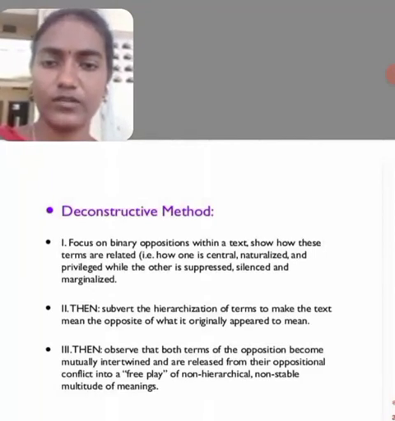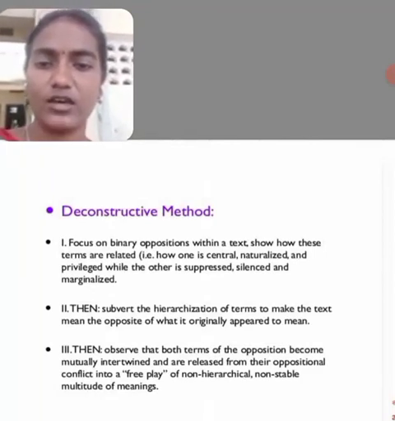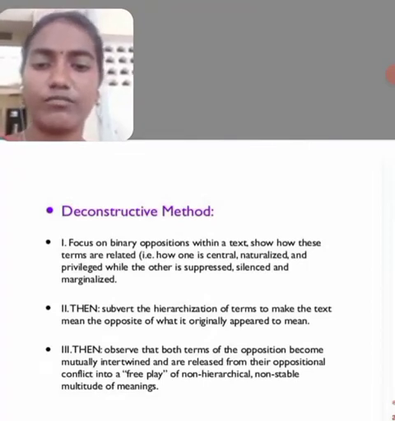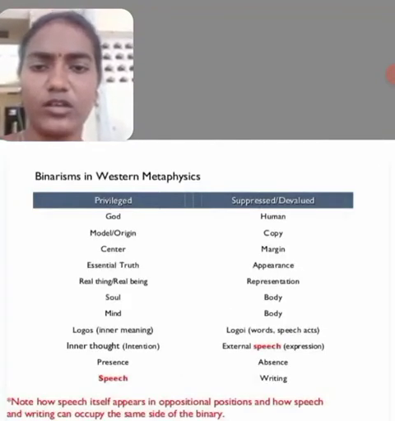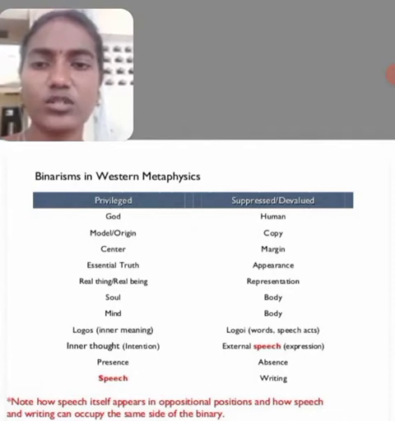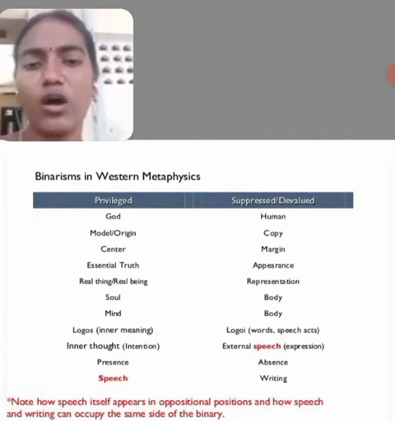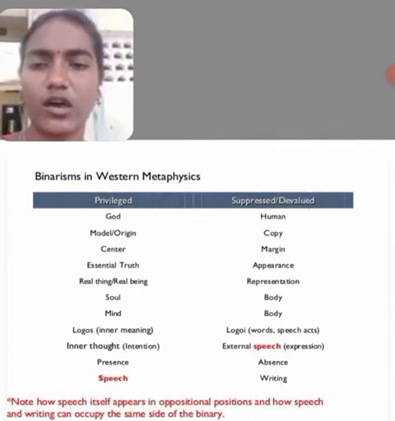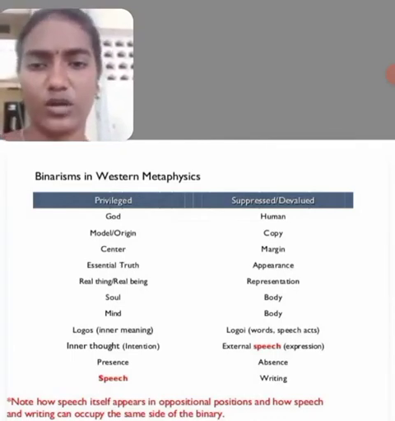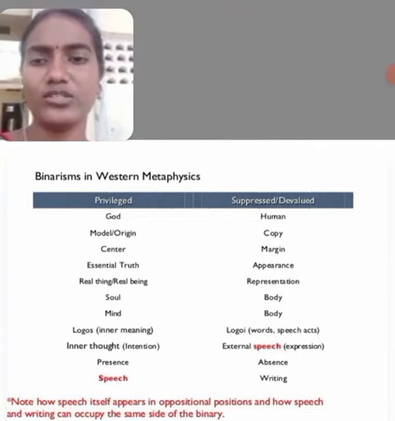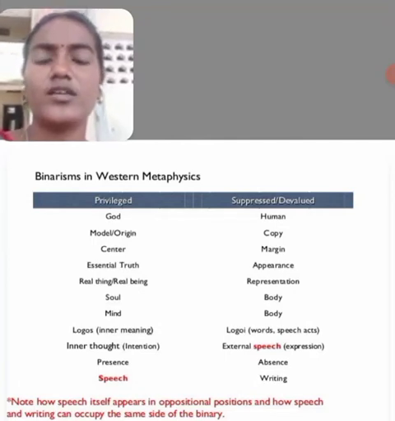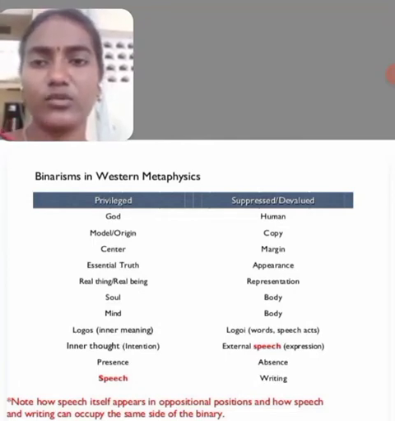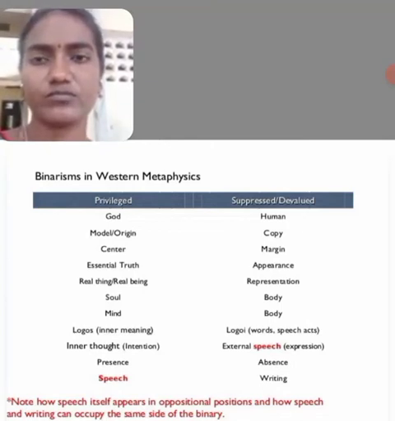The deconstructive method focuses on the binary oppositions of a text, then free play, hierarchy, and unstable multitudes of meanings. Some things are more privileged and some things are suppressed and devalued. God is more privileged and the human comes afterwards, below God. The model or origin is the original thing, but the copy is another way of copying others' text or knowledge. The center is central and unique, but the margin is the many, a very tiny one. Please read it.